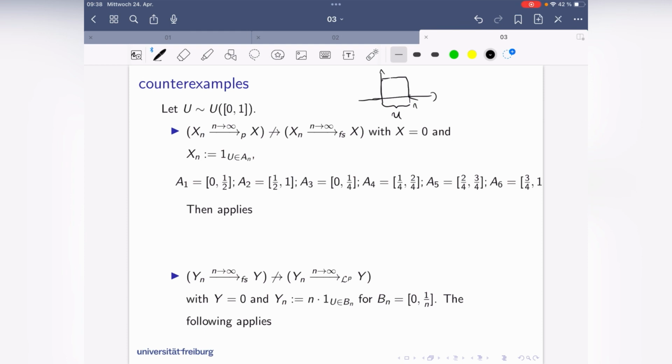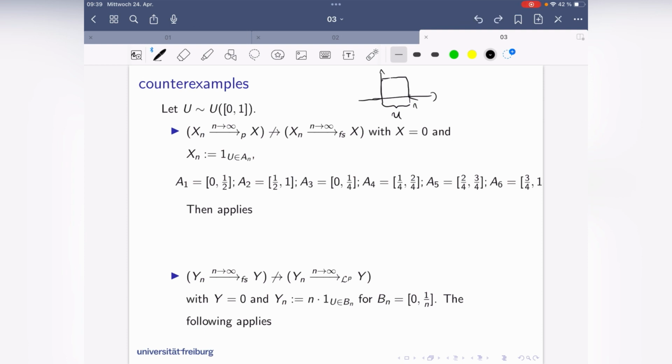And xn equals 1 if the uniform distribution is in An and 0 otherwise. And what do I have here? Maybe I should draw it like this in different colors. So A1 is the interval from 0 to a half. A2 is the interval from a half to 1.